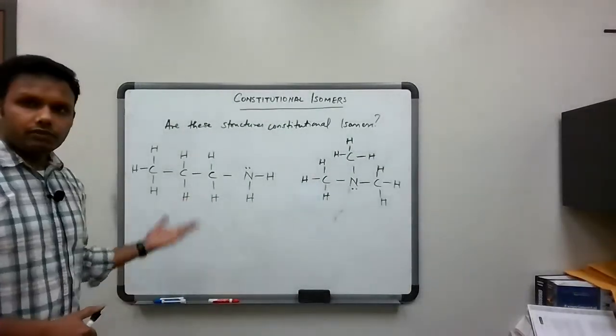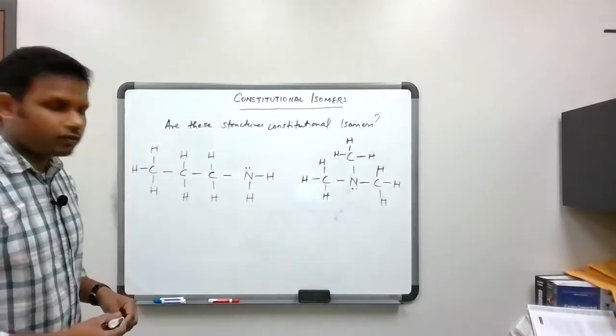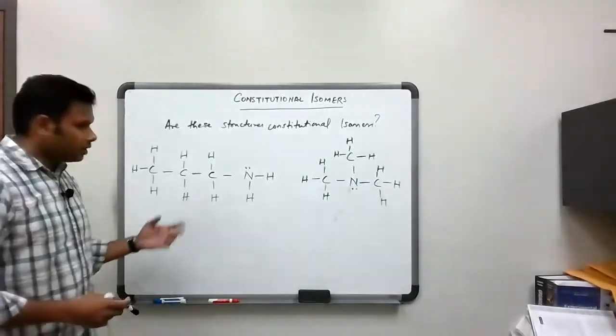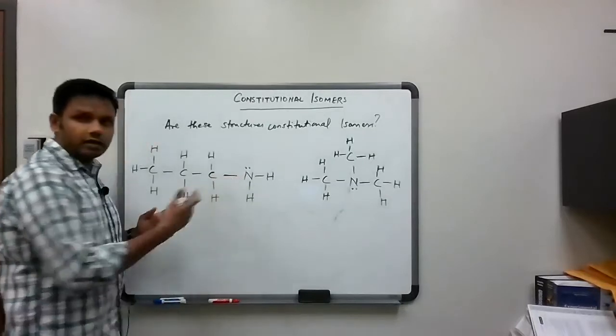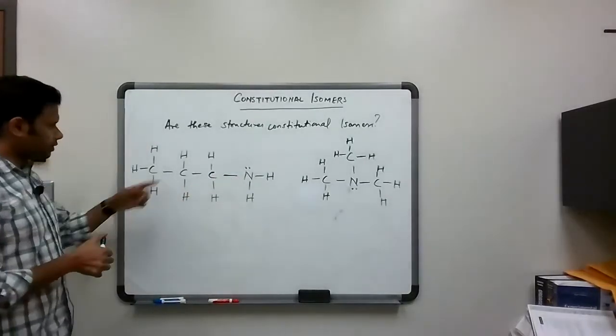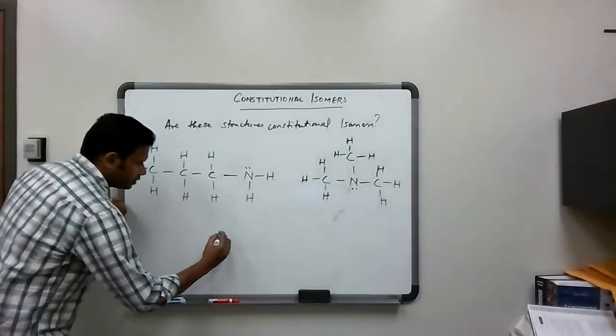So what we can do is we can go ahead and calculate the molecular formula. Let's see if the total number of atoms and the atoms of each kind are the same.